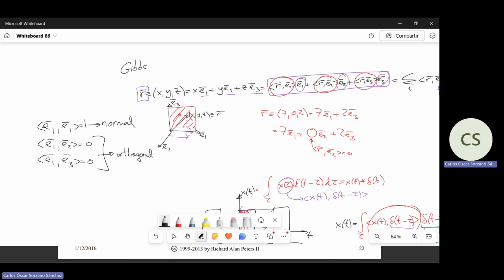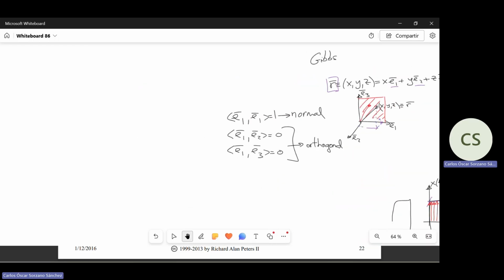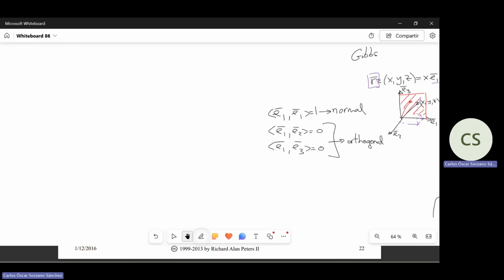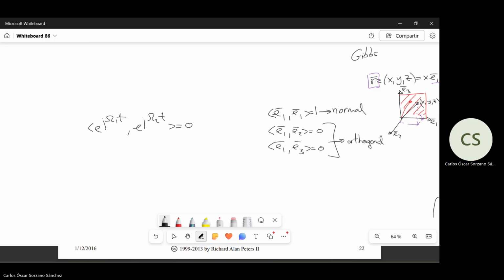So what about complex exponentials? It is the same. Complex exponentials are defined by the frequency. So if I compute this one times any other one, I get 0. And if I multiply one by itself, I get a number, 2 pi, I think. It is in the slide.